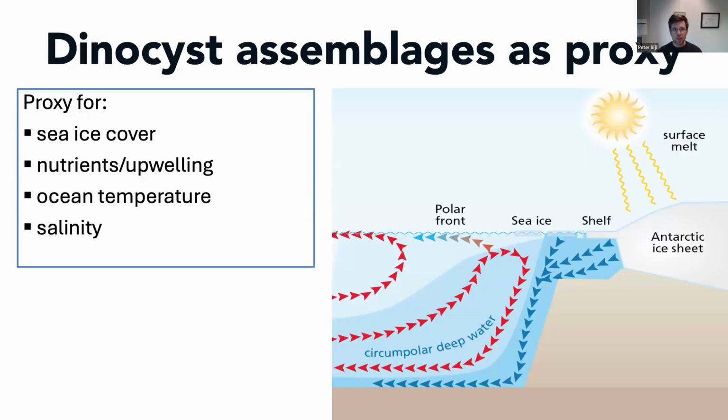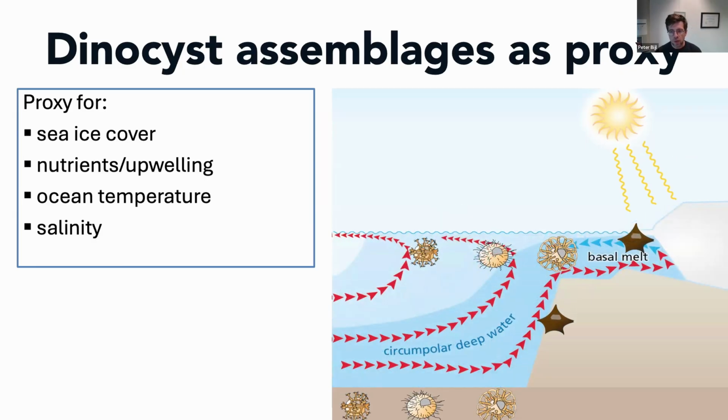So my pet proxy, obviously everyone has a pet proxy, but this one is where I'm most expert, is dinoflagellate cyst assemblages. They are the cysts of unicellular algae that live in the surface waters. They have all kinds of different morphologies. There's a whole taxonomy associated to it. But we see in the Southern Ocean, I will show you a result of that later, that different species are strongly associated to specific ocean zones.